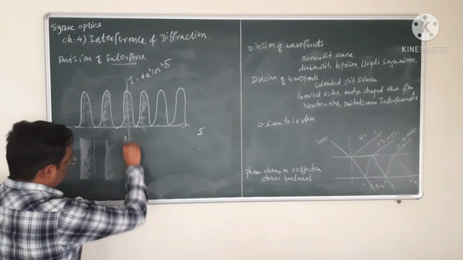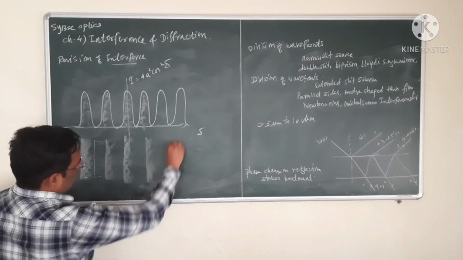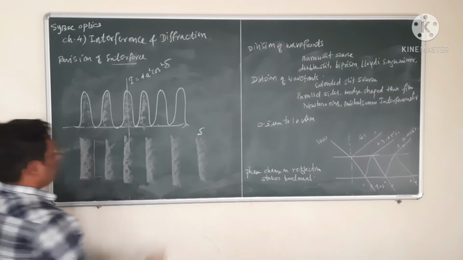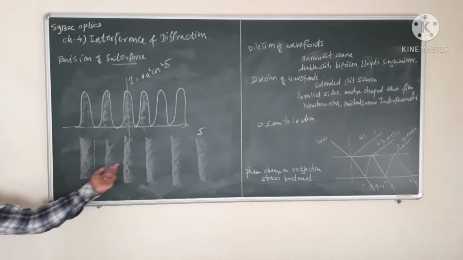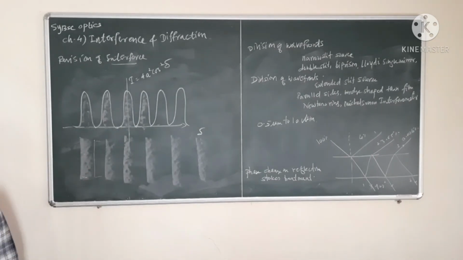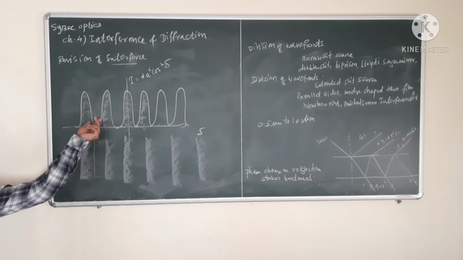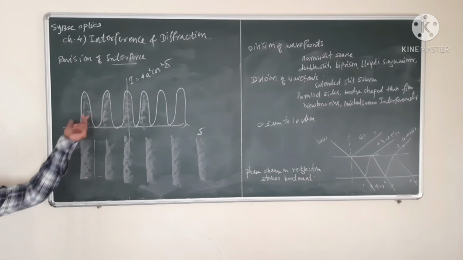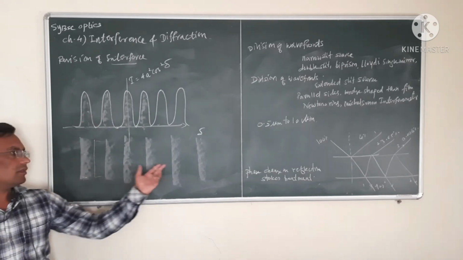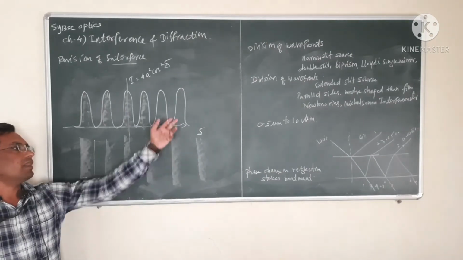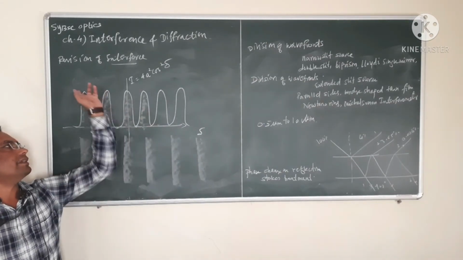Here you will see a dark fringe. Here bright, dark, bright, dark, bright, dark. So in this way you will see the interference pattern. Now in this interference pattern, dark means destructive interference. Bright means constructive interference. All these have the same intensity.